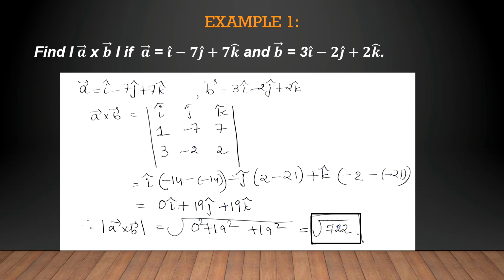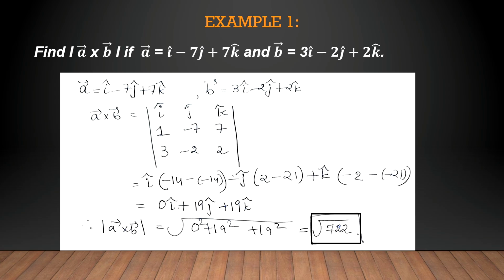So hence the resultant A cross B vector is 0 into i plus 19 into j plus 19 into k cap. Remember over here i cap, j cap and k cap are the unit vectors in the three directions. So your cross product is determined by these vectors.